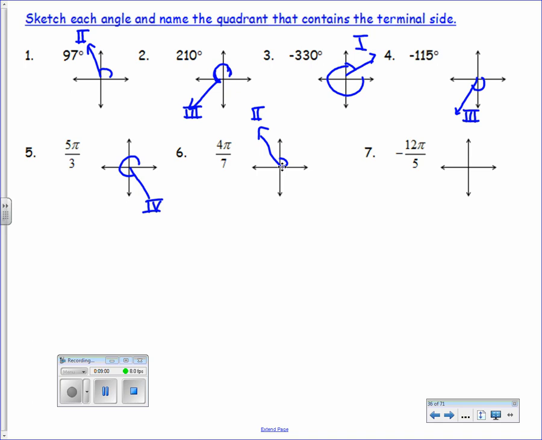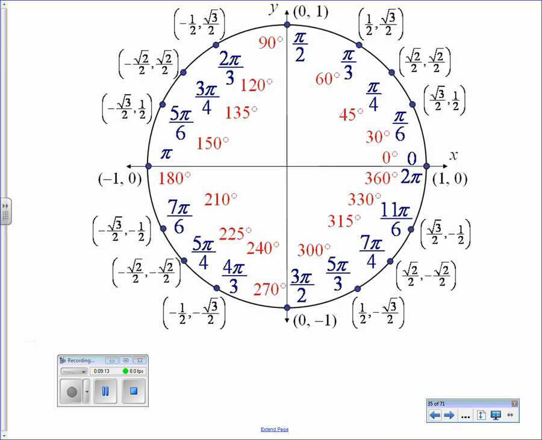And then lastly, we're going radians and we're going negative, negative 12 pi over 5. Again, we can look at our chart if you wanted, but we don't have anything really close to that. What I like to do is think about how close it is to 2 pi.